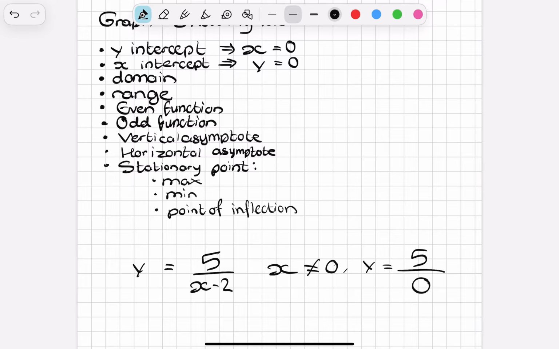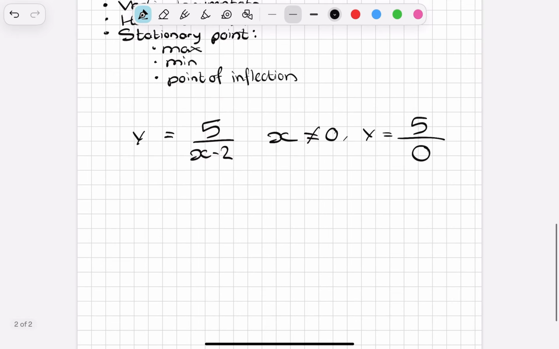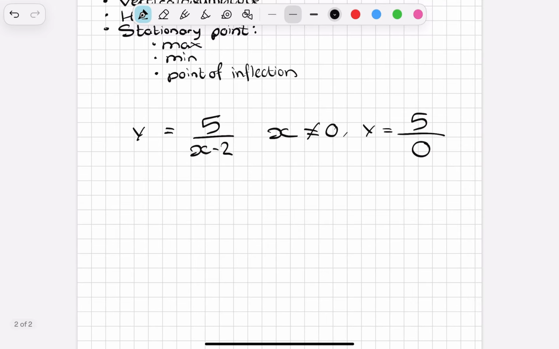Also, for our range, we should look at what happens when a graph approaches its vertical asymptote. For example, with y equals 5 over x.